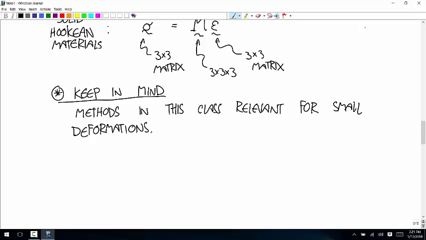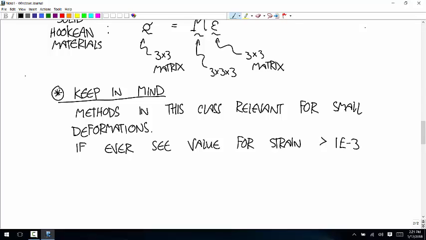So if you ever see a value for strain that's bigger than about, say, 1 times 10 to the minus third, well, yeah, let's even say fourth.